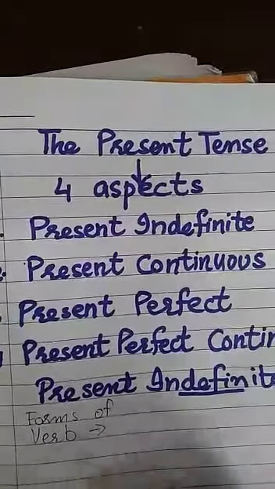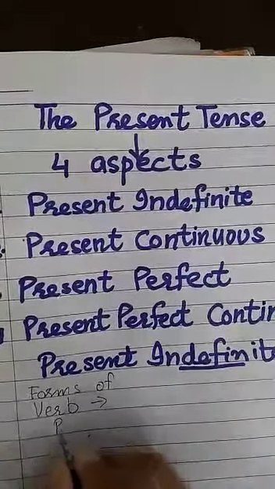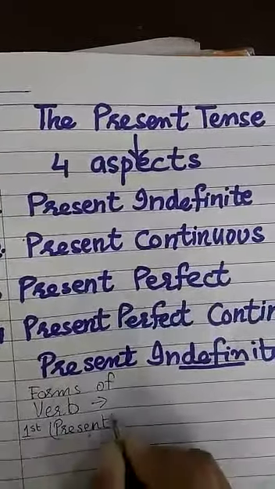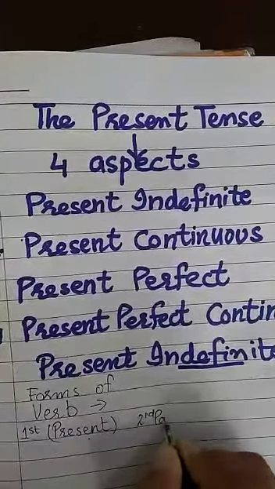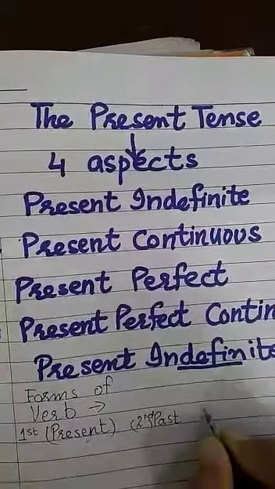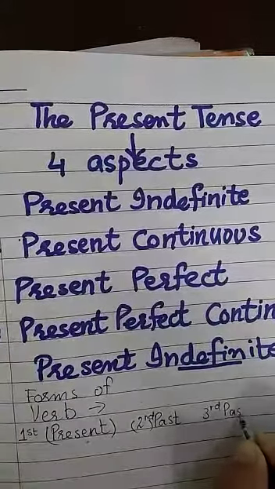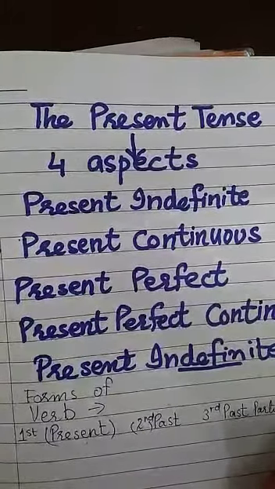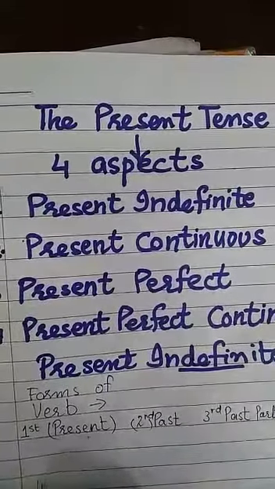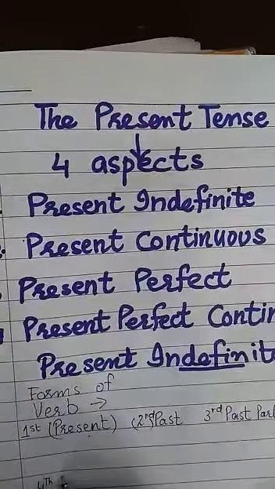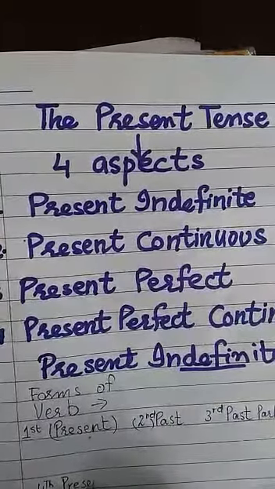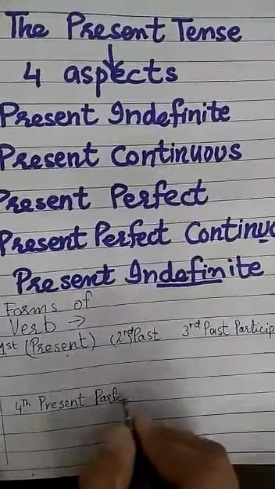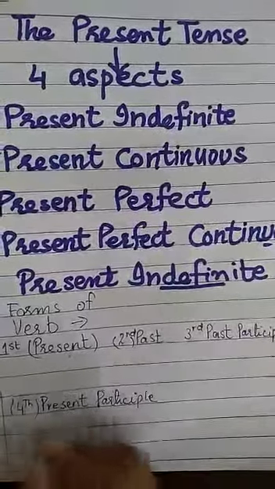The first form is called present, the second form is called past, the third form is called past participle, and the fourth form is called present participle form of the verb, right?